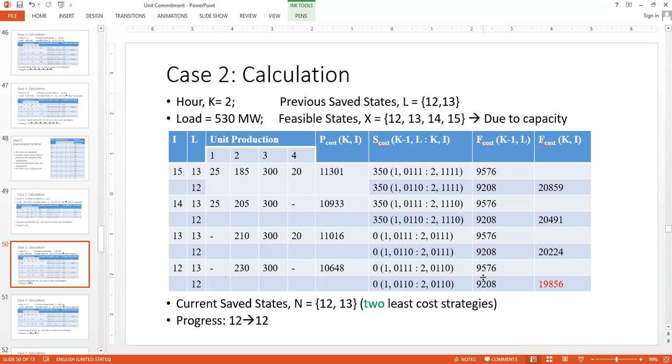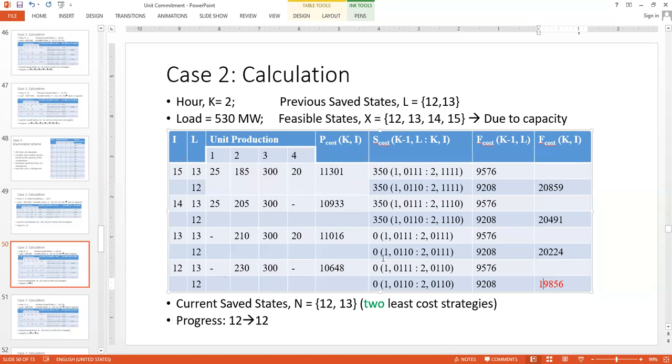Okay, so only these 2 will become available. So you add up 230, 300, 10,600. Sorry, you'd add up P cost, S cost, and F cost. So add up these, and these, and this. So you see, if you add the top one, that would be higher than the bottom one.